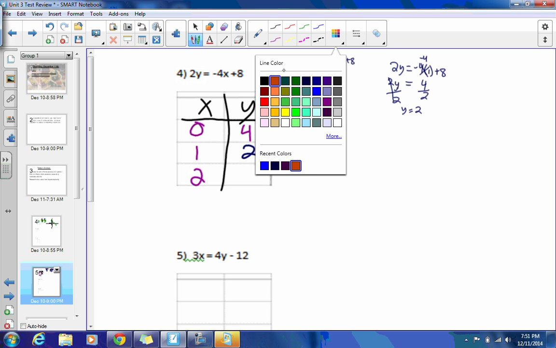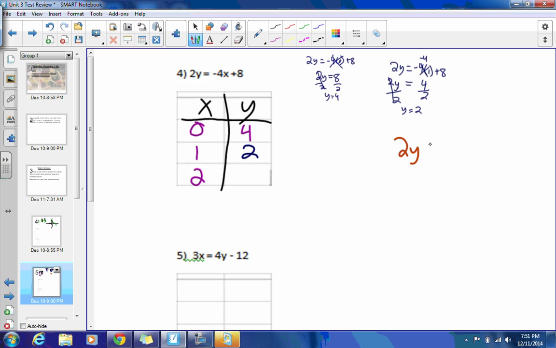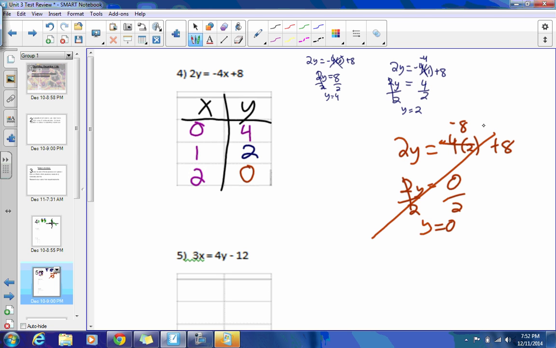So 2y equals -4 times 2 plus 8. 2y equals -8, and -8 plus 8 is 0. Then divide both sides by 2. Whatever you do to the right side, it's going to be 0 either way. So y equals 0.